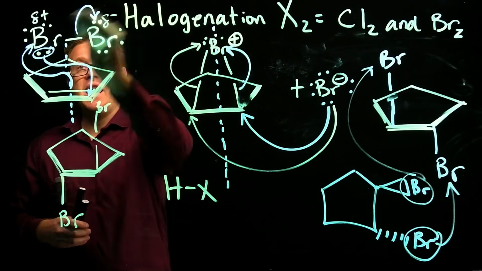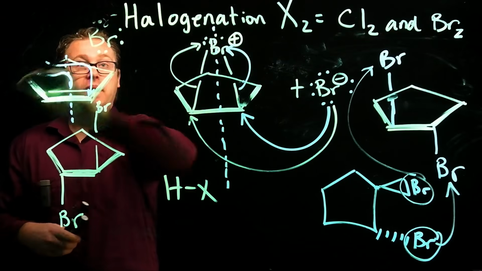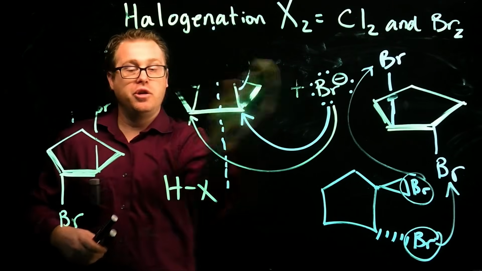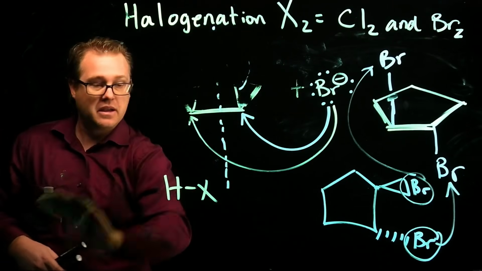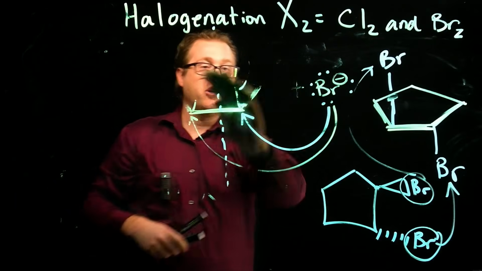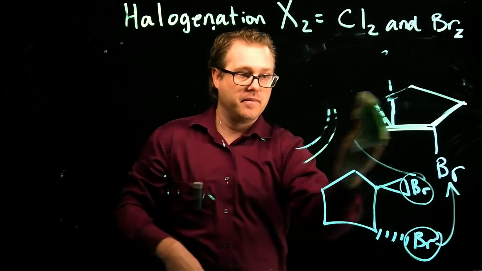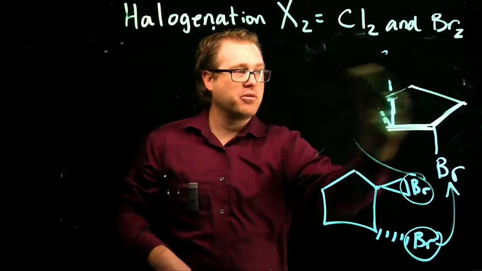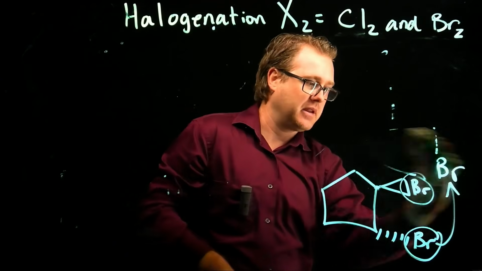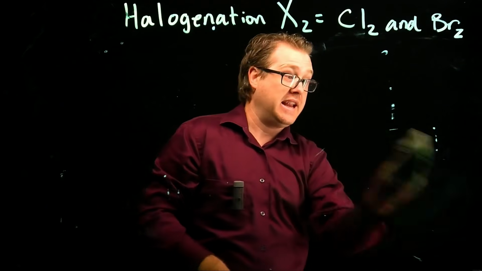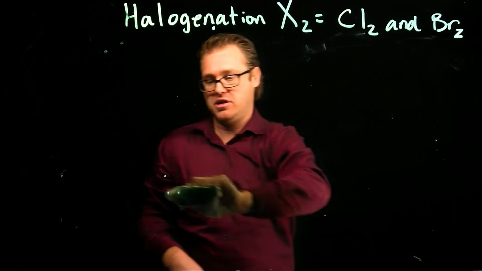But if you change it up a little bit, if you instead use a halogen, so chlorine or bromine, and you add water, things change. The reaction changes a bit, and the name of the reaction also changes.